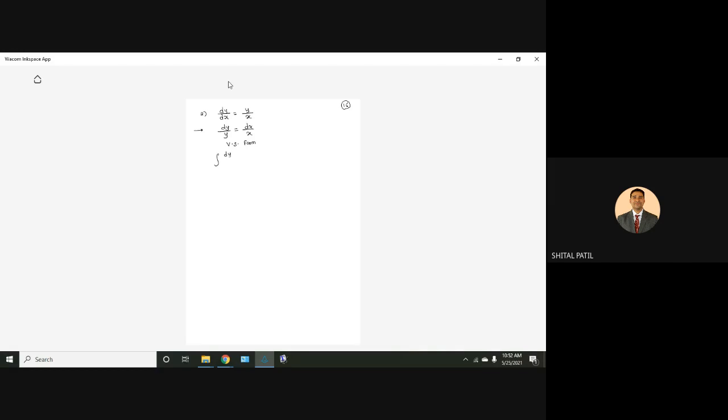So इसको इंटीग्रेट करो और कांस्टेंट ऐड करना. देखते क्या आएगा. log y equal to log x. So how should the constant be written? Log c. Okay, that is log y equal to log of c plus log x, log cx.